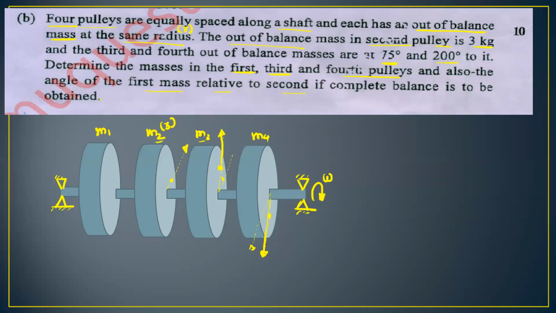So the question is, we have to find out these masses. That is m1, m3, and m4. And also the angle of first mass relative to second mass.